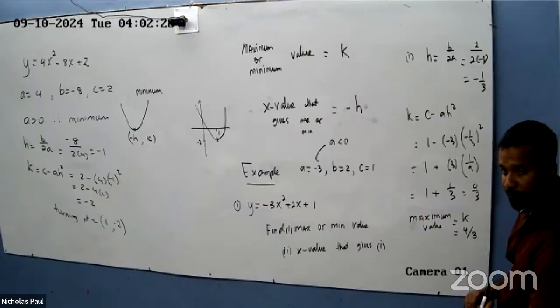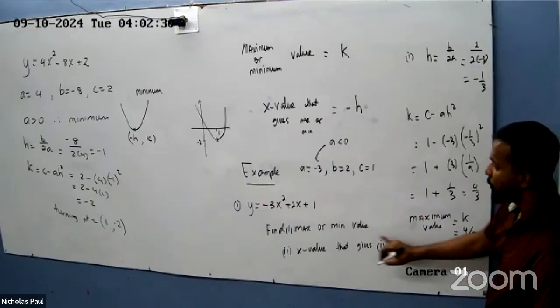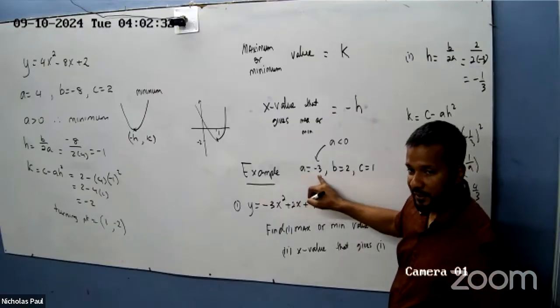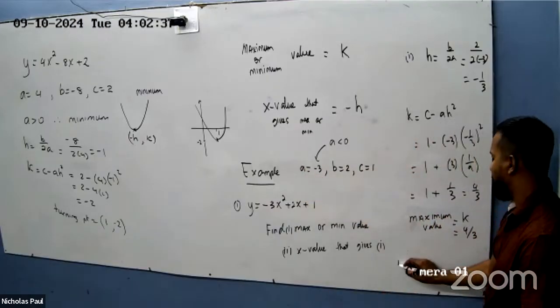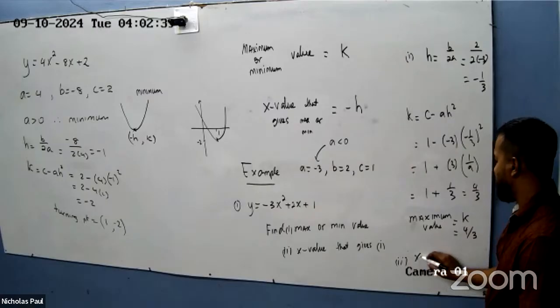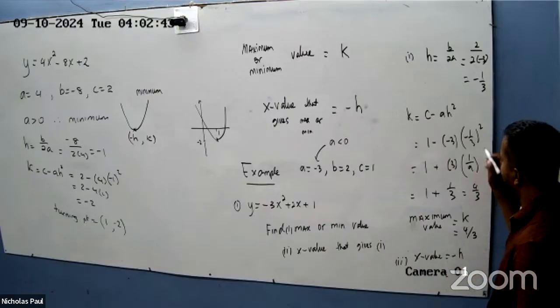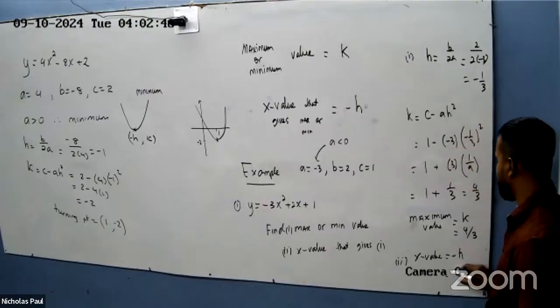That's okay? How we know it's a max, look back at A. A is less than 0, so it's a maximum value. And part 2, the x value is minus H. H was -1/3, so minus H is +1/3.